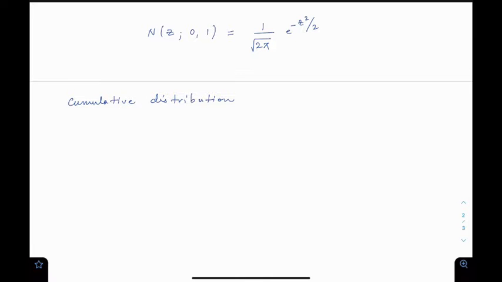And this is simply expressed as, so this distribution has this random variable z, mean 0 and standard deviation 1, and we can write it as 1 by square root of 2 pi e to the power minus z square by 2. And its cumulative distribution function can be identified as the error function.